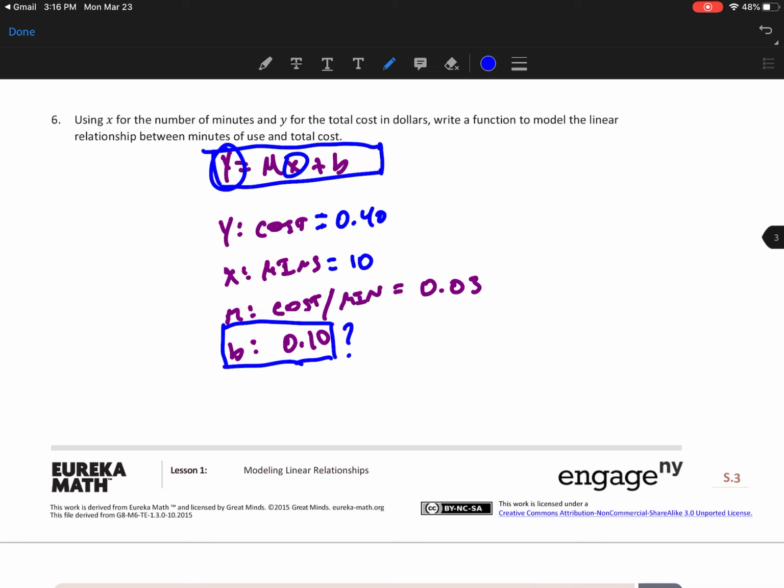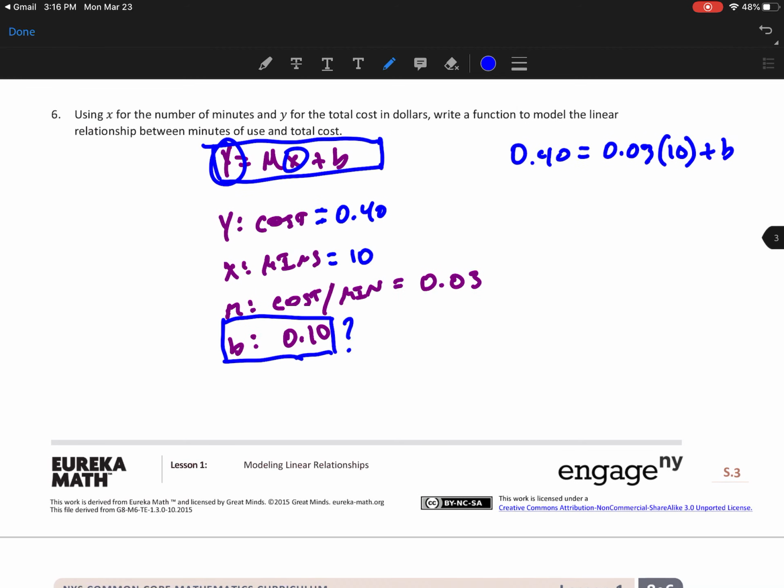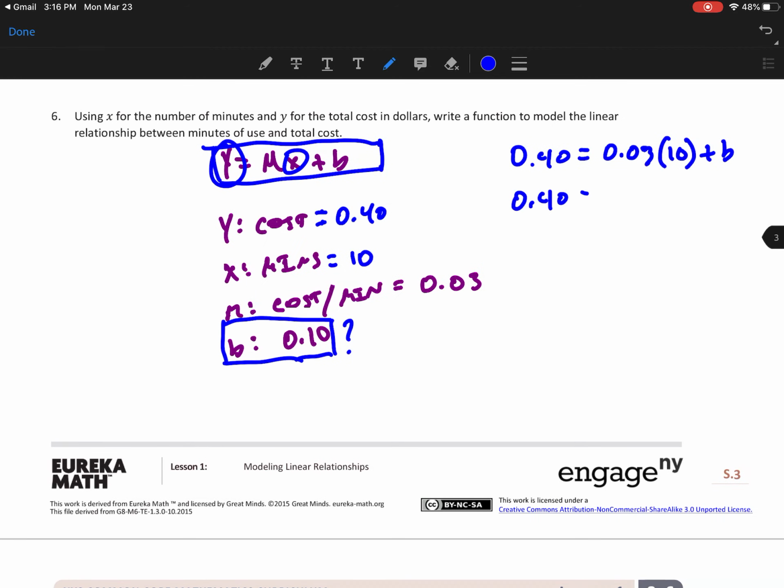So we're going to put our function together. We're going to say 40 cents is equal to 3 cents per minute times 10 minutes plus b, as of yet unknown. And using inverse operations, we are going to get that b by itself.